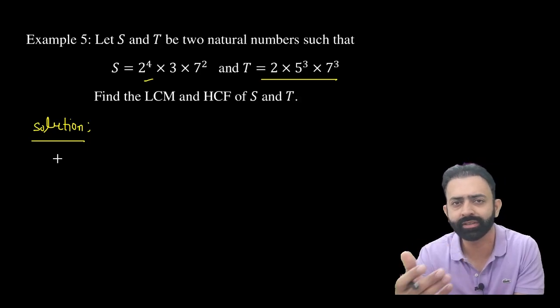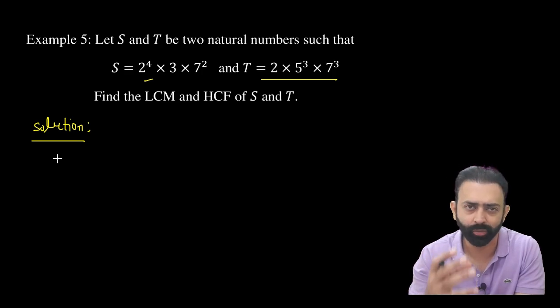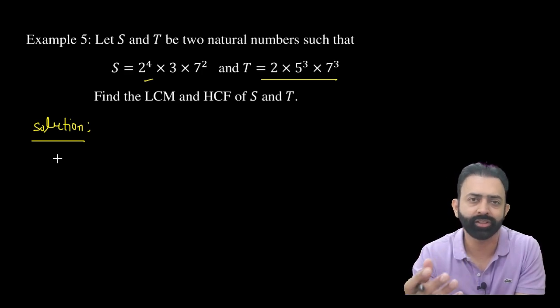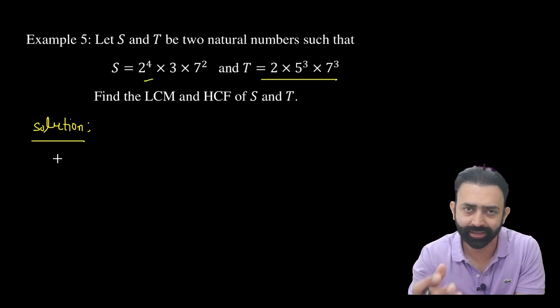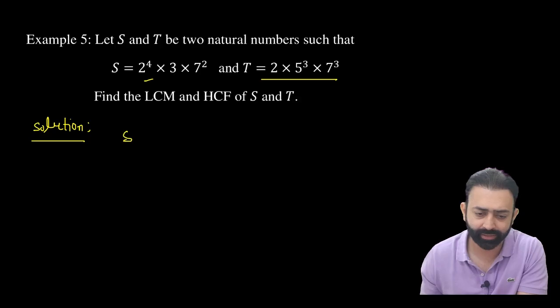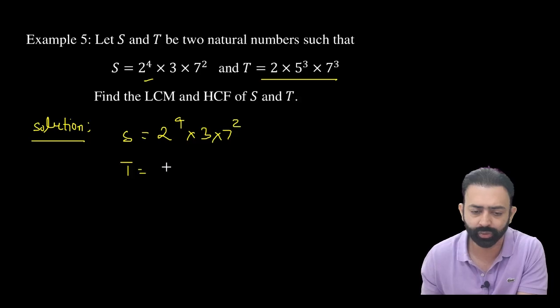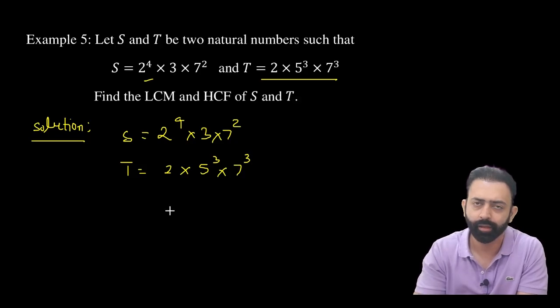And in order to find out the LCM, we will say the multiplication of the prime factors with their highest exponent. And since, as you must have realized here, s is already written as a product of prime factors, which is 2 raised to power 4 into 3 into 7 square, and t is written as 2 multiplied by 5 cube into 7 cube, right?